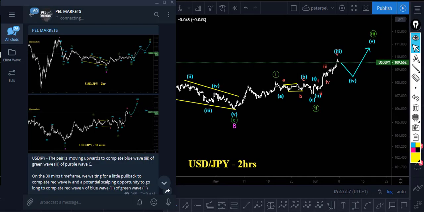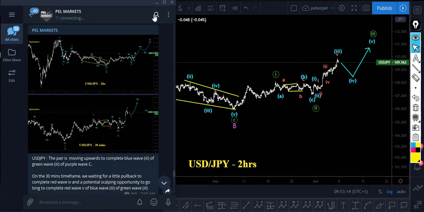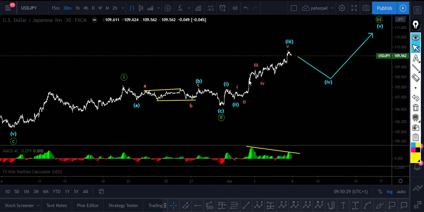And fast forward to today, so this was on the lower time frame, on the 30 minutes time frame, and this is what happened. We were anticipating the completion of red wave 4, then price moves higher to complete red wave 5 of blue wave 3.